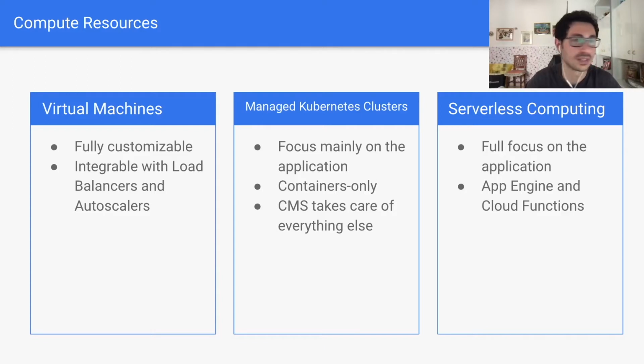So I was saying it's integrable with load balancers and autoscalers. What does it mean? It should be pretty easy to understand, I guess. The load balancer is, in a very raw way, a kind of machine that you put in front of all your machines.